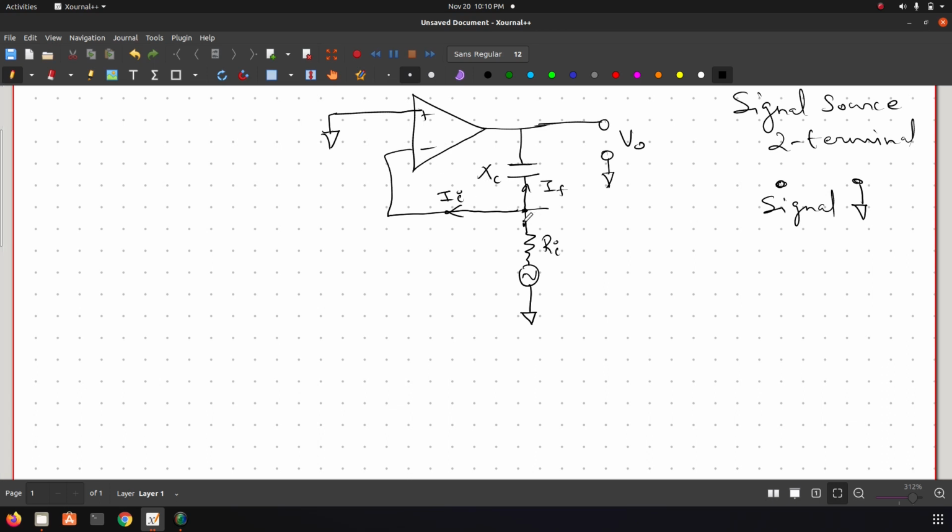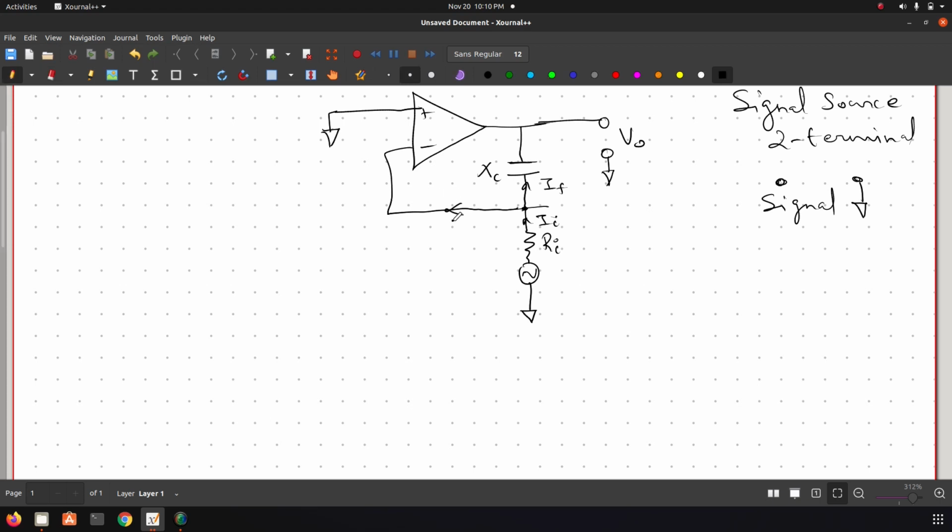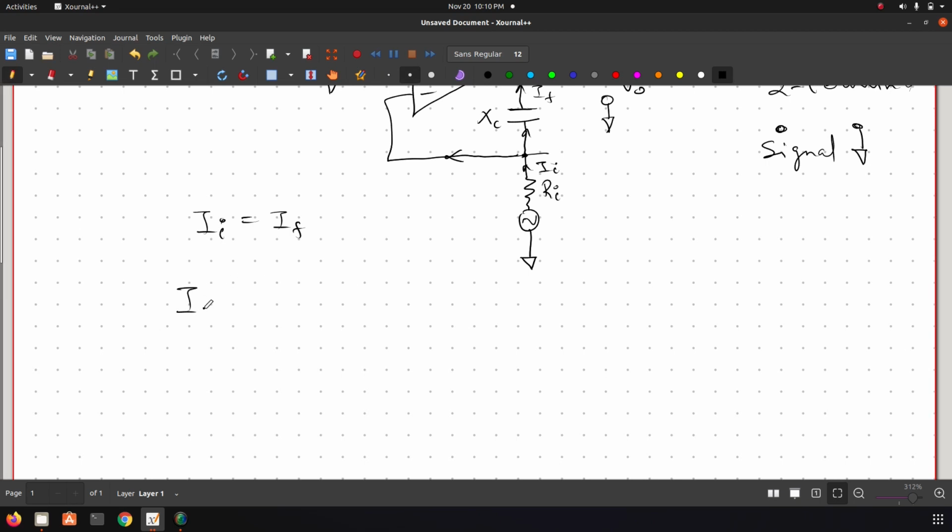Therefore the input current I should be equal to the feedback current IF. The input current is Vi by Ri, if we give Vi as input.